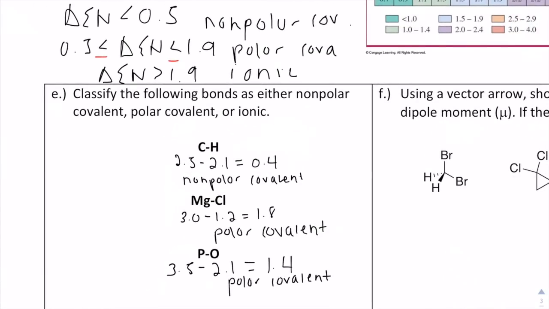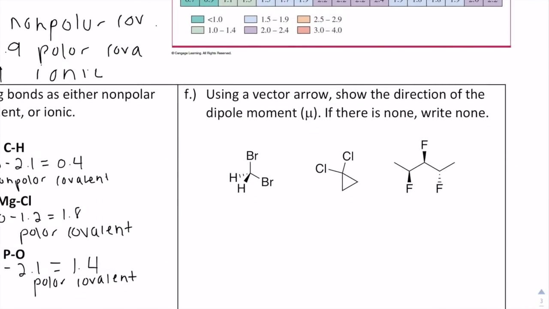Not too hard. Okay, so the last thing we're going to talk about is dipole moments. We just used those electronegativity values on the Pauling scale to decide what types of bonds are there. So we can do this in a quick fashion by seeing, is there an atom that's different, an electronegative atom that's different from carbon or hydrogen? Those are going to be ones that pull.